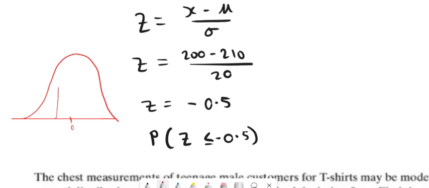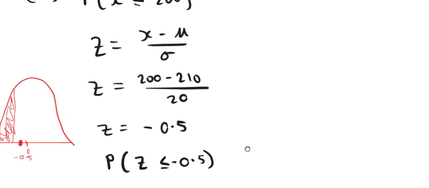So if that was 1, 2, 3 standard deviations away, our z-score is about here. It's minus 0.5. So we're trying to find this area here. Therefore, we have to do 1 take away the 0.5. So when it's a minus number, like I said before, we do 1 minus.